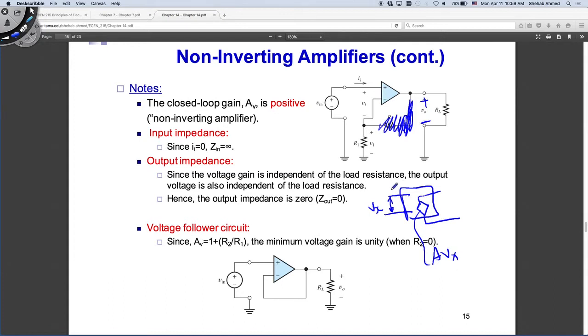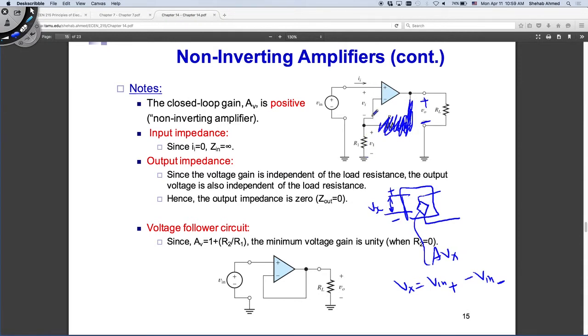And Vx is V input plus minus V input minus. So it's the voltage at the positive terminal minus the voltage at the negative terminal. What is the voltage in the positive terminal minus the voltage in the negative terminal? There's no feedback. This is connected to ground through a resistor, but there is no current flowing.